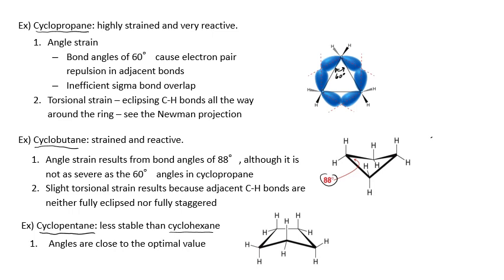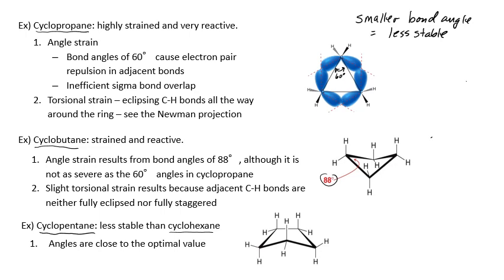So all that you need to know is that cyclohexane is the most stable. The rest are less stable. The smaller the bond angle, the more unstable it will be.